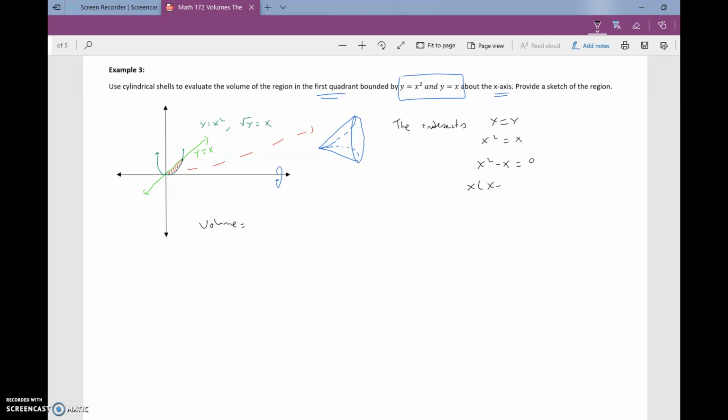So you're going to have x times x minus 1 is equal to 0, so x is equal to 0, or x is equal to 1. I just did this portion because you could actually have the actual values being different. And then it also means that y is equal to 0 or y is equal to 1. So you're going to look at 0, 0 and 1, 1.